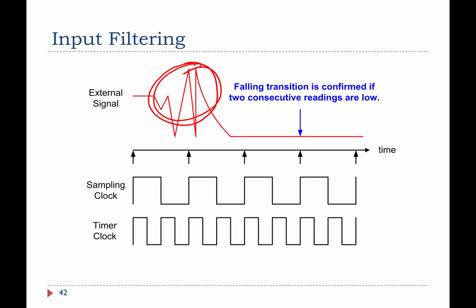So you could have input filtering with our input capture that basically says, okay, if we're monitoring for a falling transition, we have to wait for more than one consecutive clock cycle where the transition has occurred.